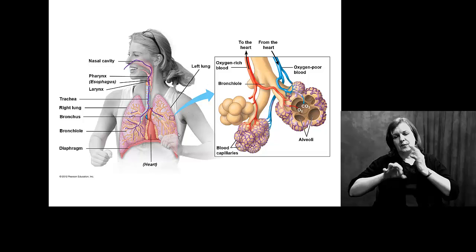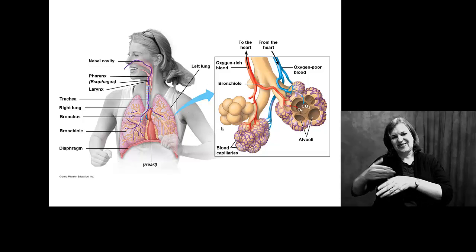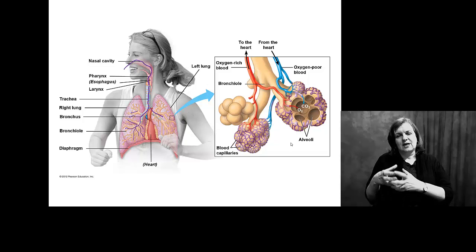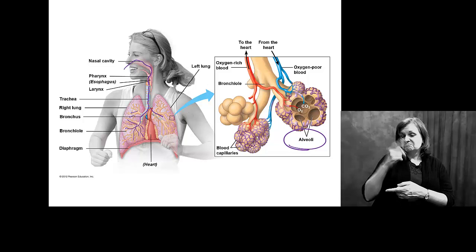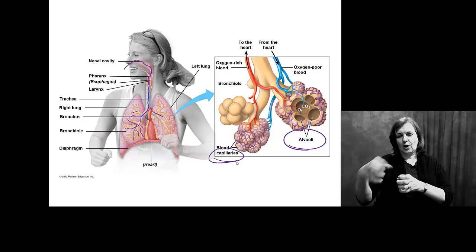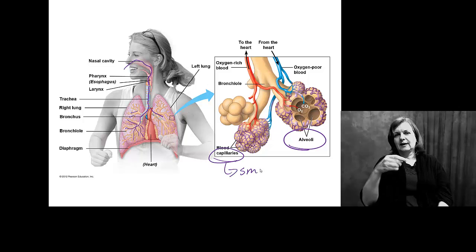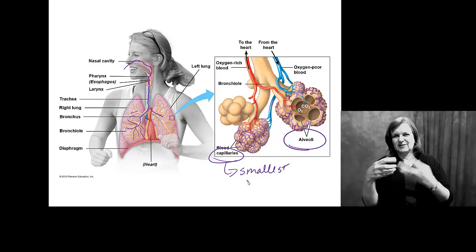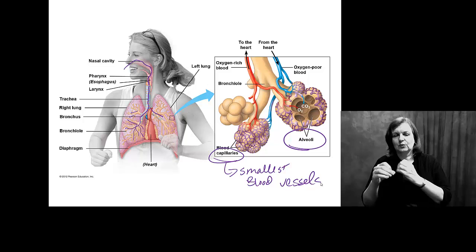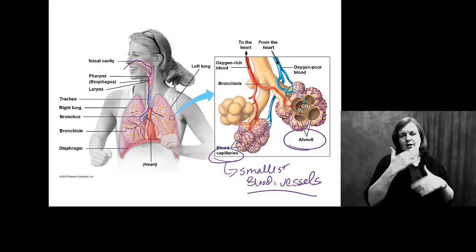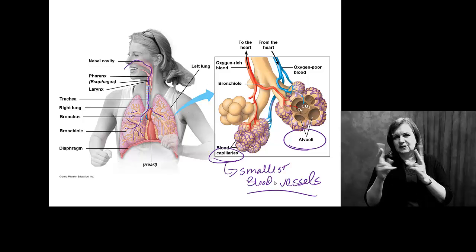And then at the end of those, at the end of the bronchioles, we've got these clusters of alveoli. So some people say they look like grapes. The idea here is they are completely covered in capillaries. Capillaries are your smallest blood vessels. And we'll see those more in your cardiovascular system, but for now we need to think about them as being very, very small and exchanging oxygen and carbon dioxide.